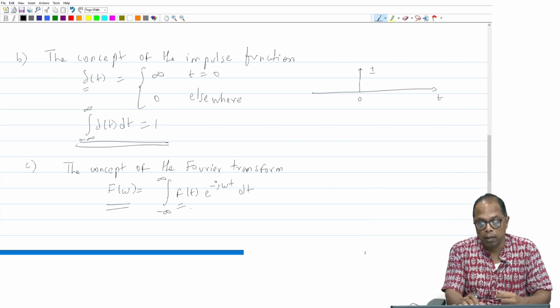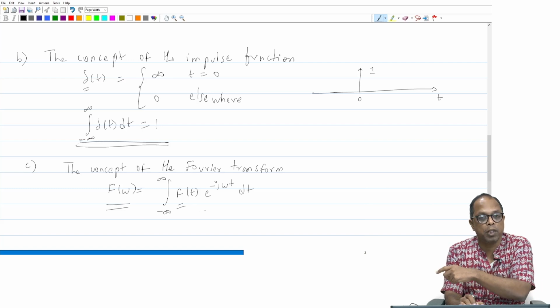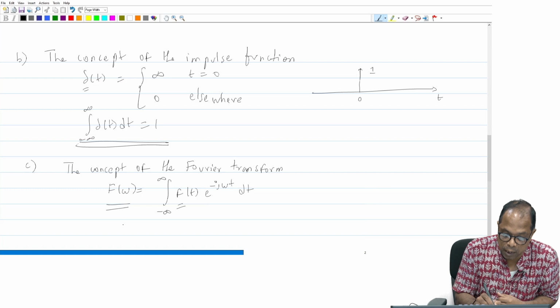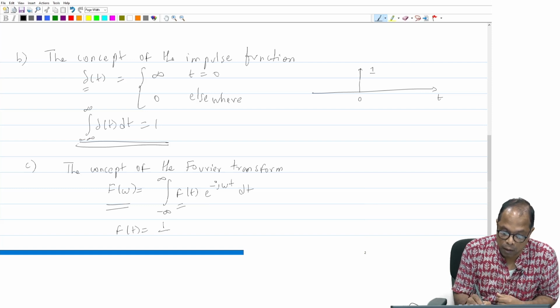F of omega is equal to the integral of f of t e to the power minus j omega t dt, from minus infinity to plus infinity. And you could go in the reverse direction: if you have the frequency content of the signal, you could write it like this.